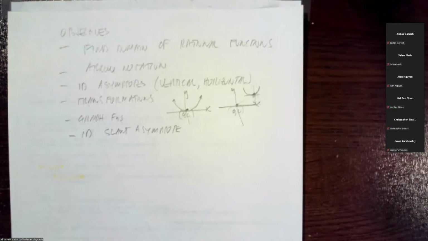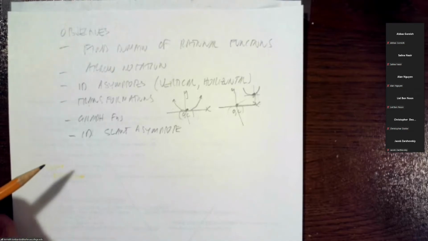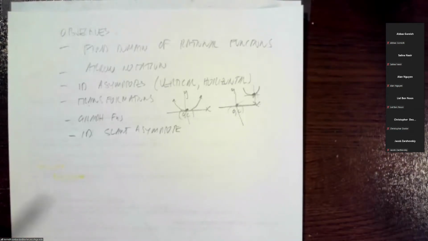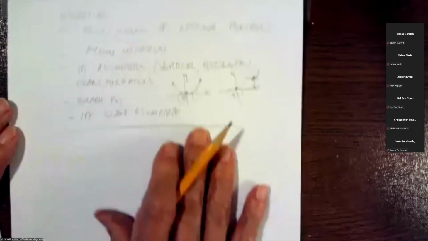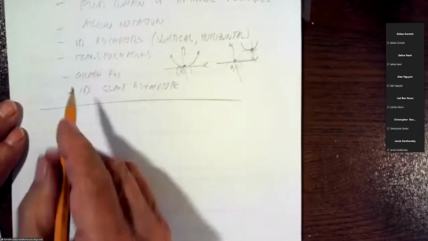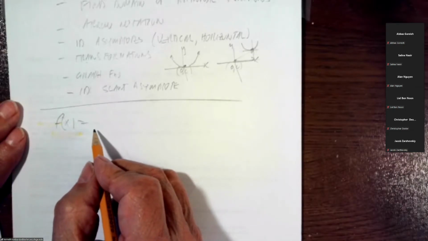Let's see here. Let me find one that looks kind of interesting. If I have, let me take this one. If I have f of x, and that equals something that looks like this.